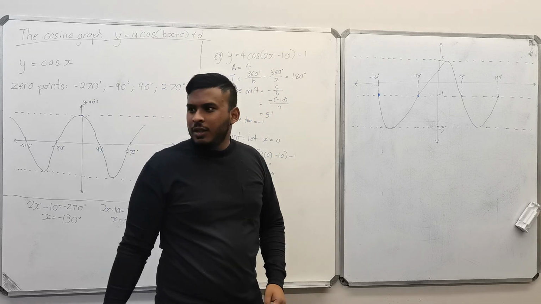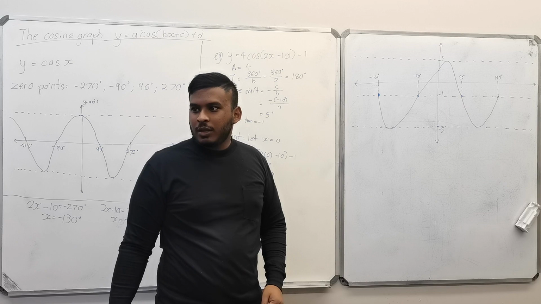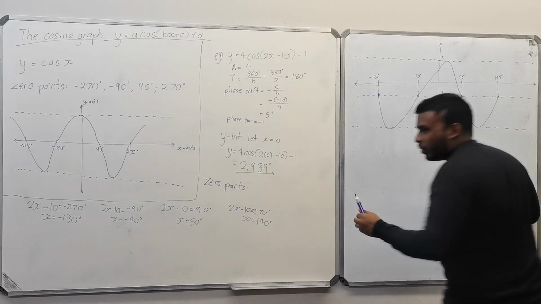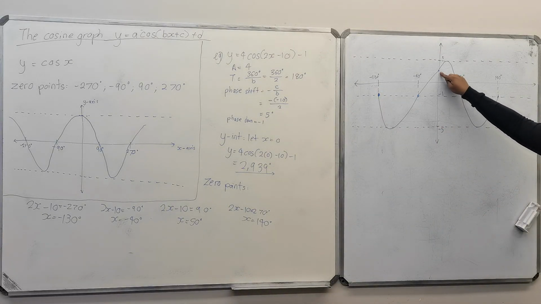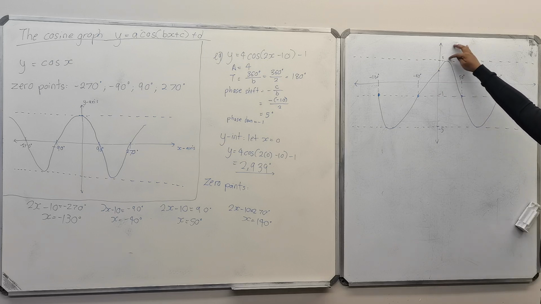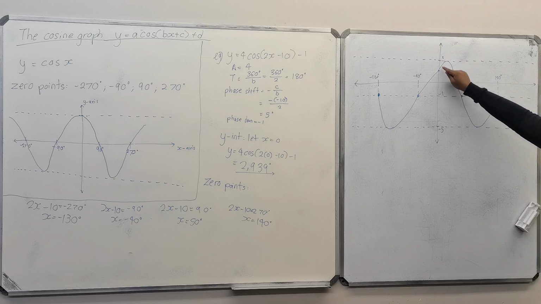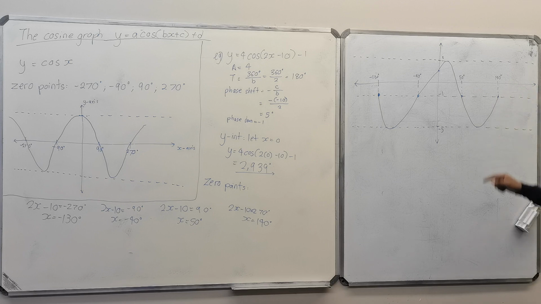You have to show that 5 degree shift on your curve. And how you would show it is, when I pass through this point here, I can't turn yet. I obviously have to reach the amplitude line. It will guide me towards there, and when I touch the amplitude line, I can start turning back down. But that intercept there, you've already worked it out.